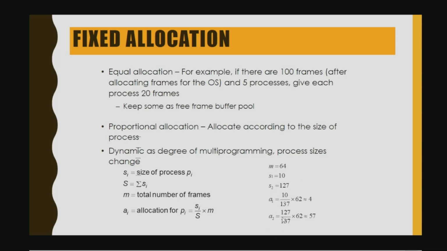So the allocation for process 1 is 10 divided by the total, 137, the total of the sizes S, times 64, which is about 5. And for the allocation for process 2, do the same thing.